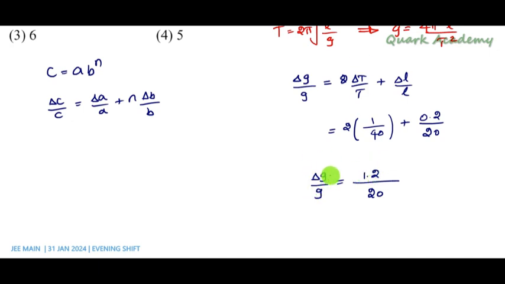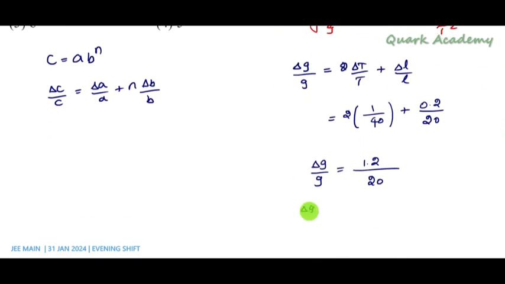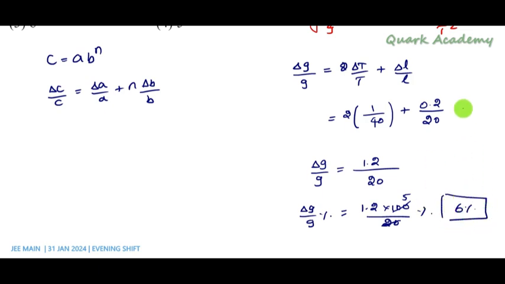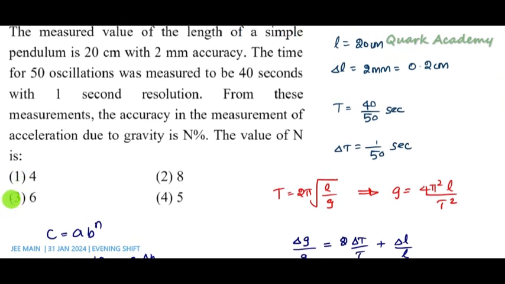This is relative error. In the question, they are asking percentage error. So delta g by g percentage, which is equal to 1.2 into 100 by 20 percentage. So this will become 6%. So the percentage error in finding gravity, acceleration due to gravity, is 6.